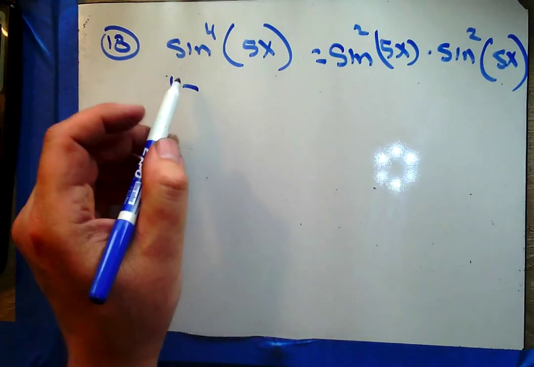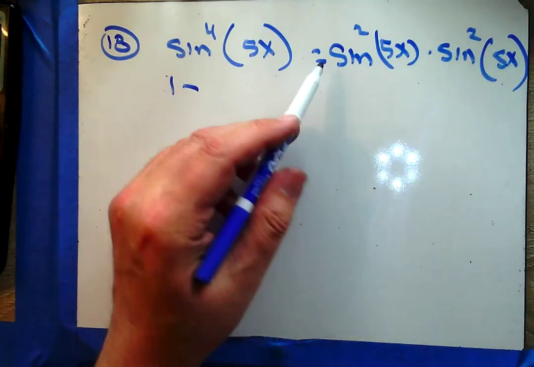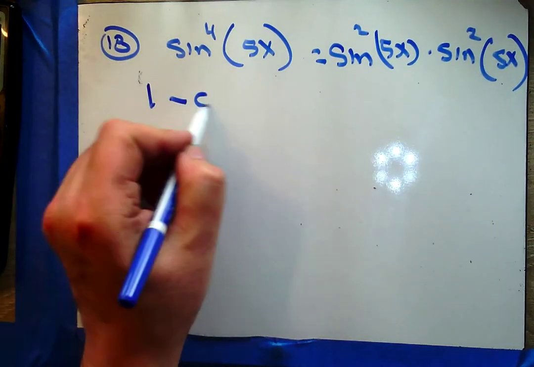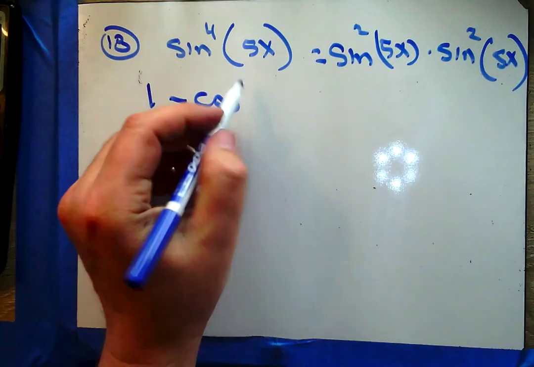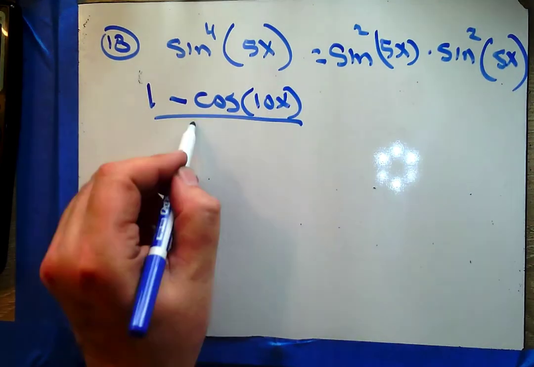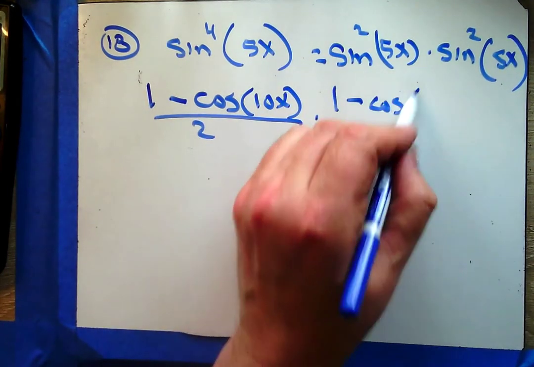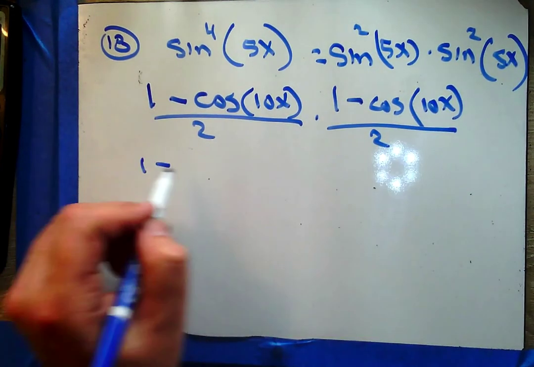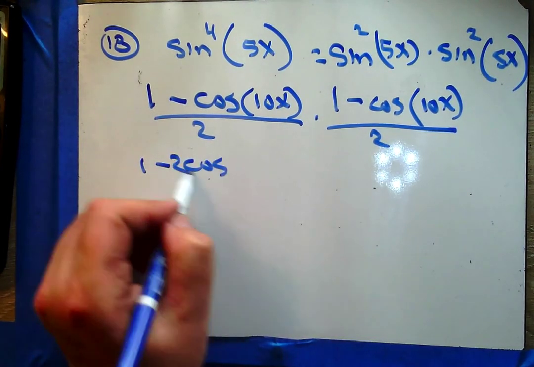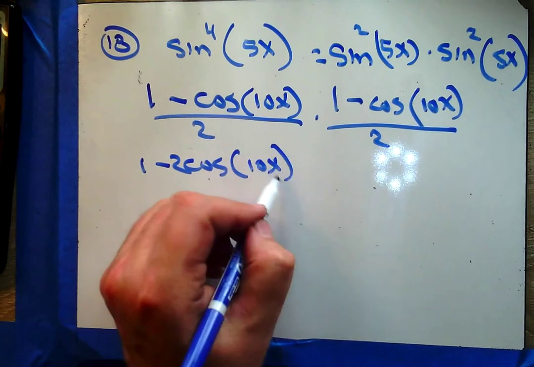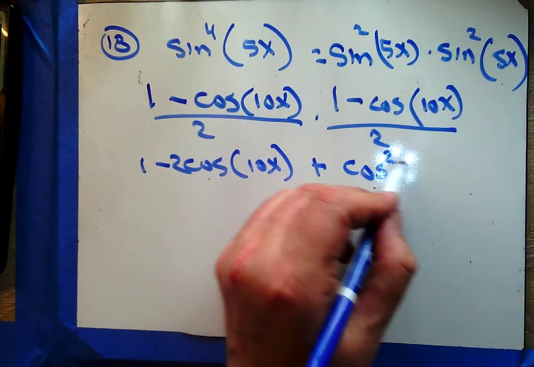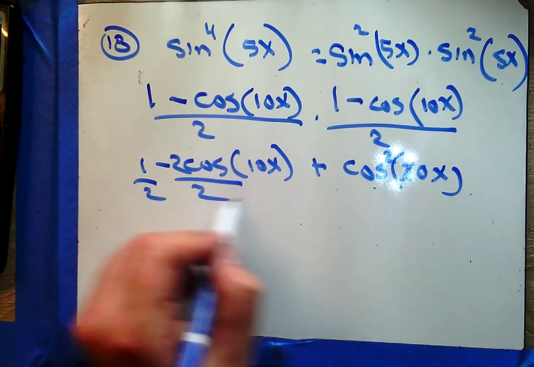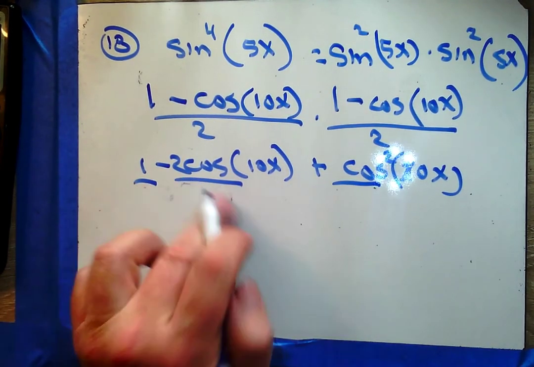So when I use my sine squared power reducing identity, I'm now going to have 1 minus cosine. What happens to the angle? The angle doubles. Over 2 times 1 minus cosine 10x over 2. I FOIL: 1 minus 2 cosine 10x plus cosine squared 10x over 2 over 2, over 4.